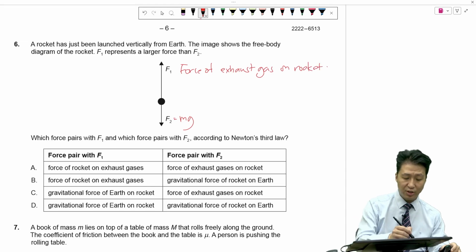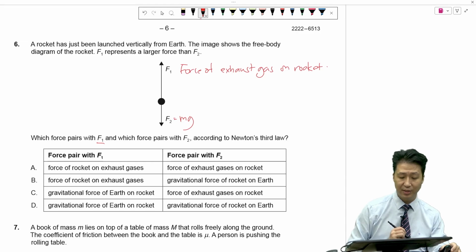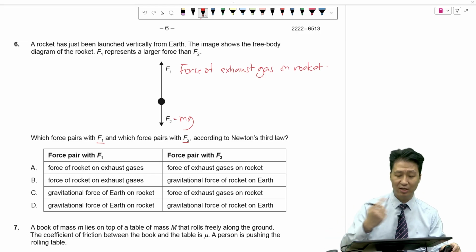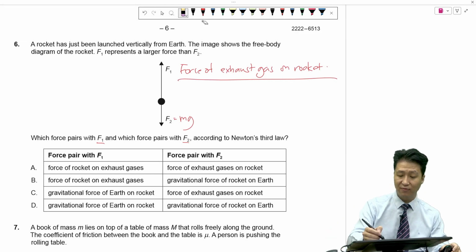And the question says, which force pairs with F1 and which force pairs with F2? What we should probably do is make a sentence of what these forces are doing and what is acting on what. So we have one sentence for F1.